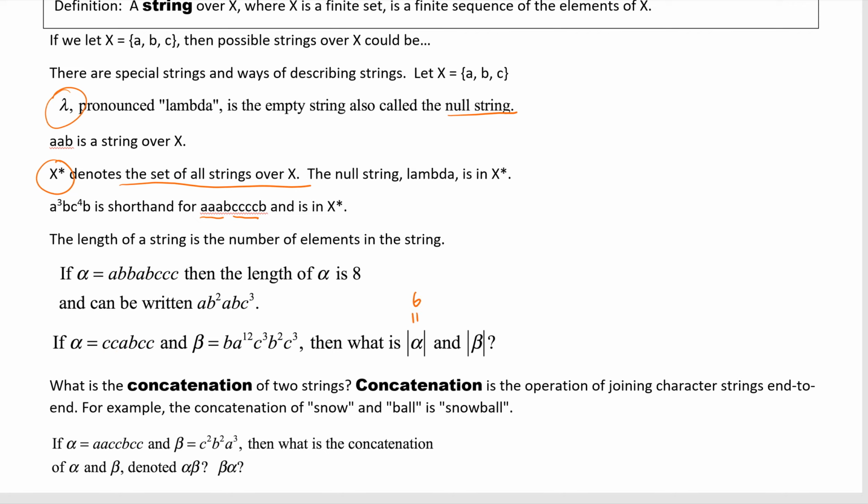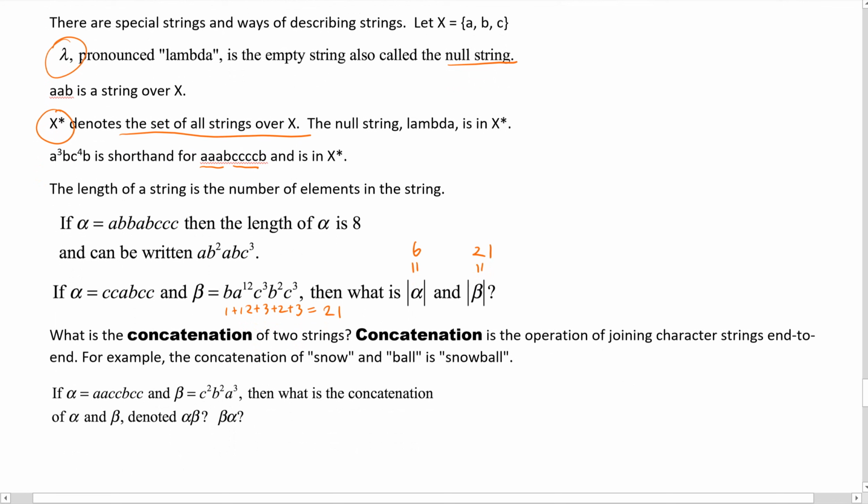For beta, let's add the exponents: 1 plus 12 plus 3 plus 2 plus 3. 1 plus 12 is 13, plus 3 is 16, plus 2 is 18, plus 3 is 21. So this is 21. So far, so good, everybody?